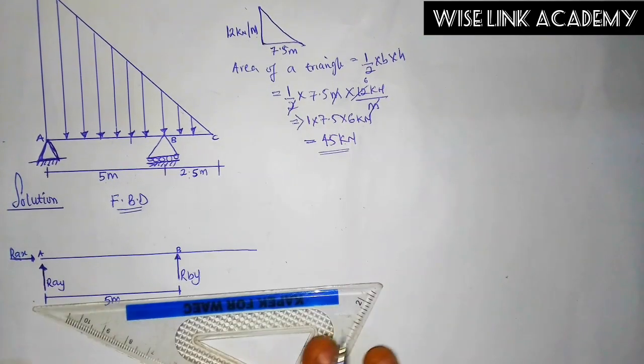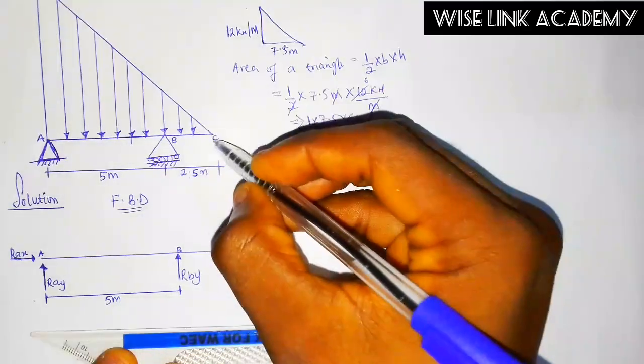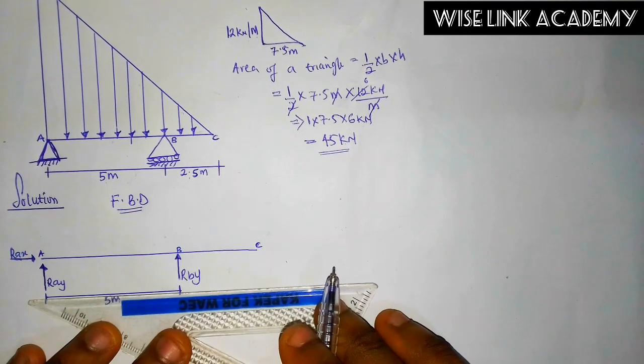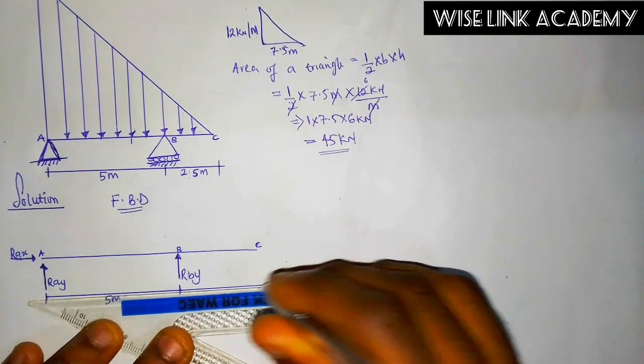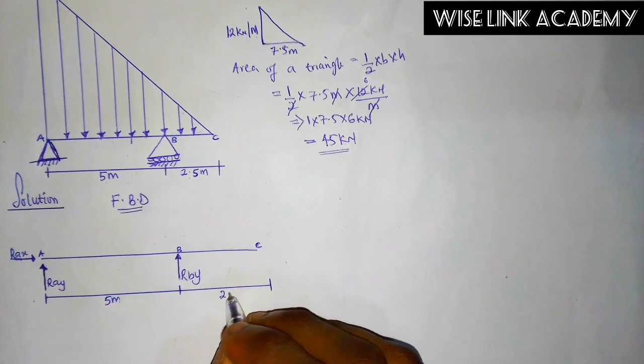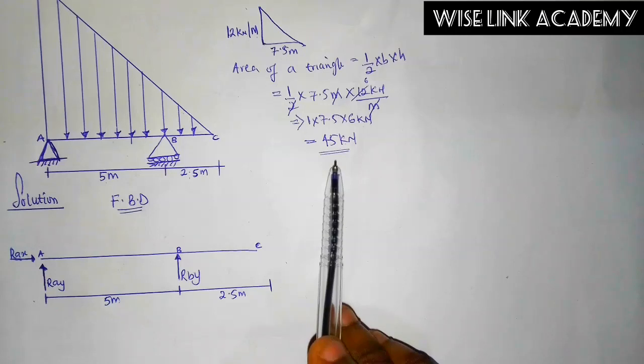From this point here, this is point C. From here to somewhere here is 2.5 meters.